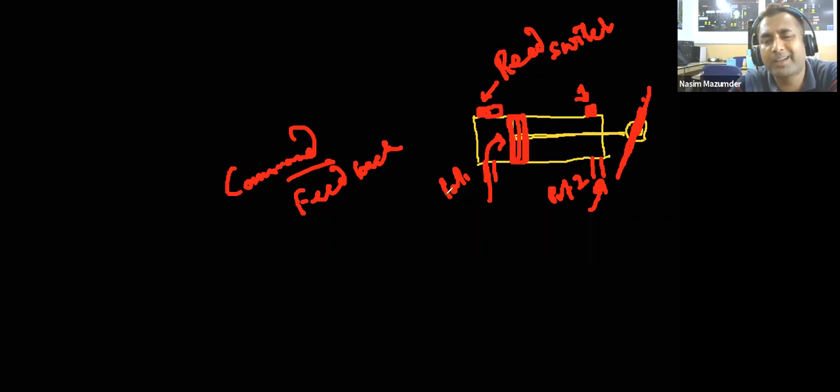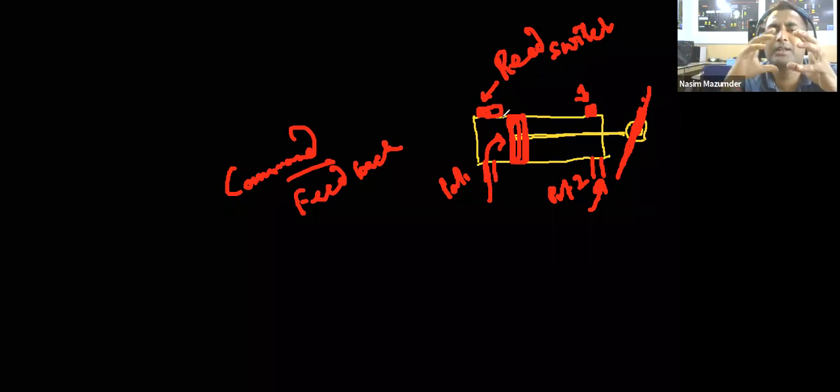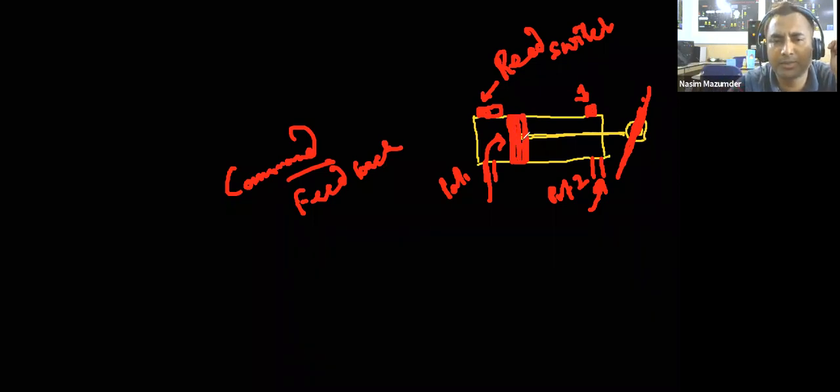Reed switch works magnetically. These are some kind of magnetic switch, and if you open this power cylinder and this piston even, then you will find that there are two magnets inside this piston. Now if this magnet is coming here, then this switch will become on, and if the magnet is coming here, then this switch will be on.